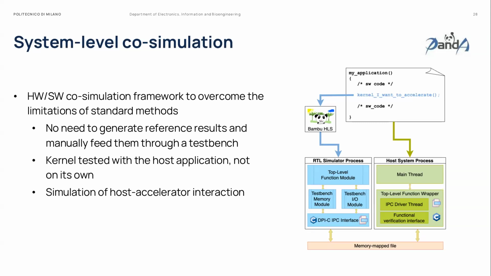It replaces this kernel with a wrapper that controls the execution of the RTL simulation. It runs the software version of the same kernel, and then at the end, it automatically compares them. So the checking is done automatically. If you launch the same kernel many times in the application with many different input data, it's basically painless to do the same tests on the generated hardware. Only thing, RTL simulation is slow.